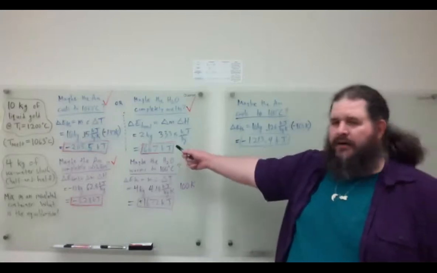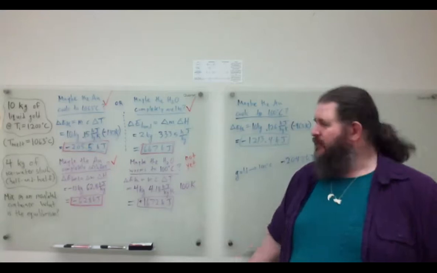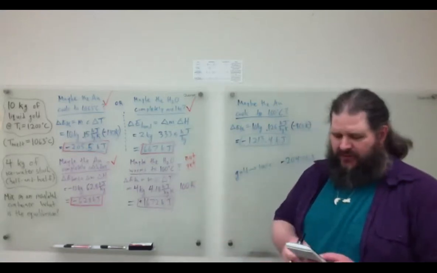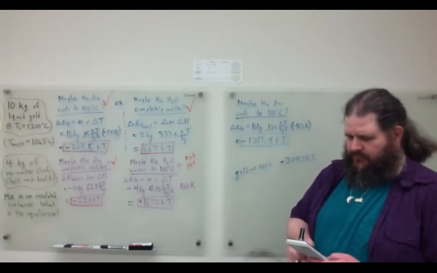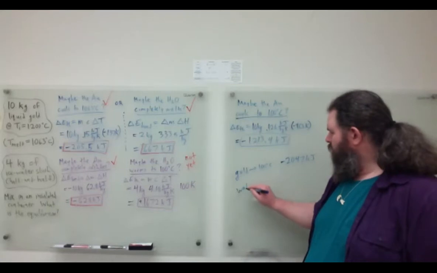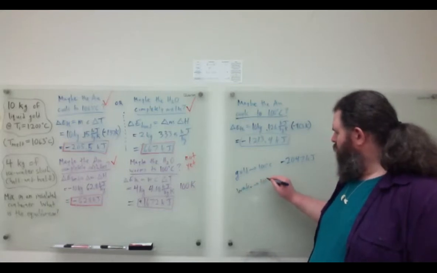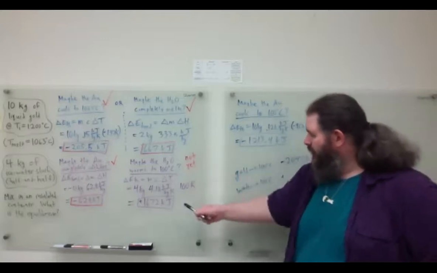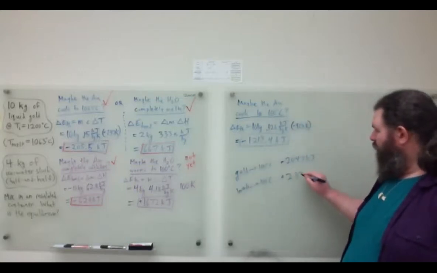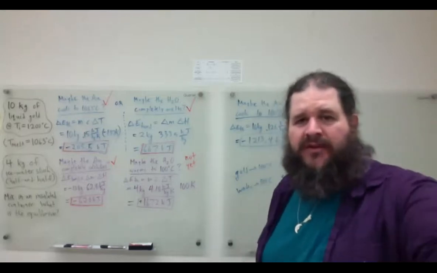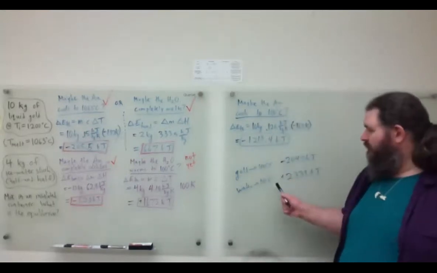Whereas to get the liquid water to 100 degrees, we'd have to add 667 plus an extra 1672. So that's going to require adding these two together, 2,339. So if we look at that in total, which one of these processes finishes first?